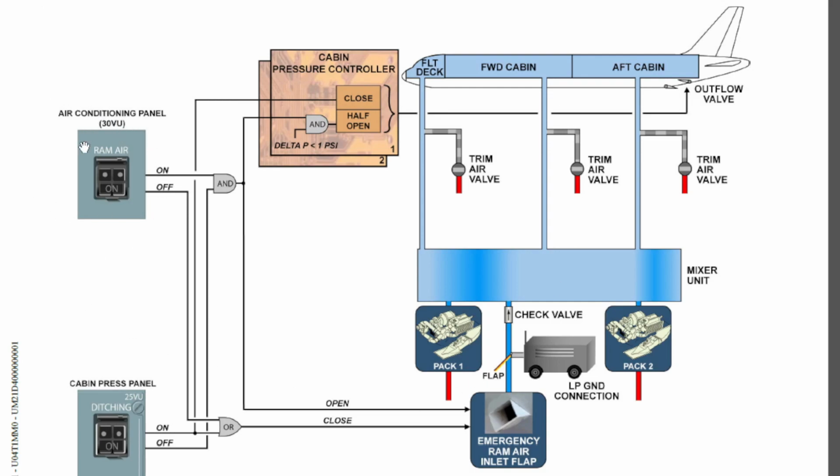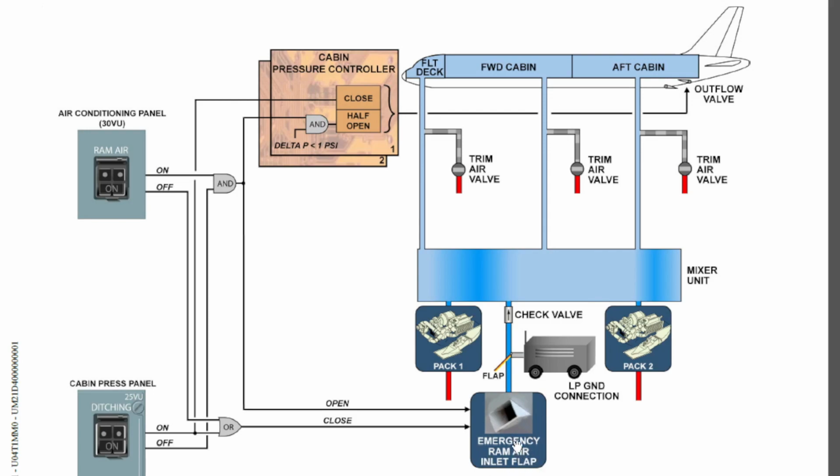You can see there's a ram air push button, which you will find in the cockpit, and a ditching push button, which is also in the cockpit. For the time being, just forget about this logic and focus on this part. Here you can see the emergency ram air inlet flap.